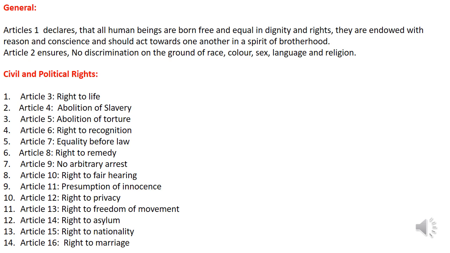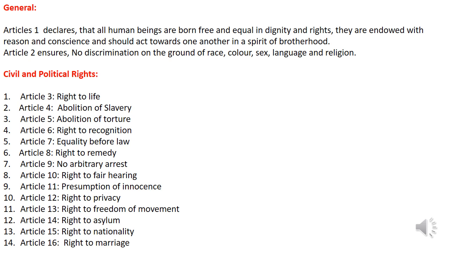There should be no distinction on the basis of the political jurisdiction or international status of the country to which a person belongs. So finally, Article 2 gives us that there should be no discrimination on the ground of race, color, sex, language and religion.